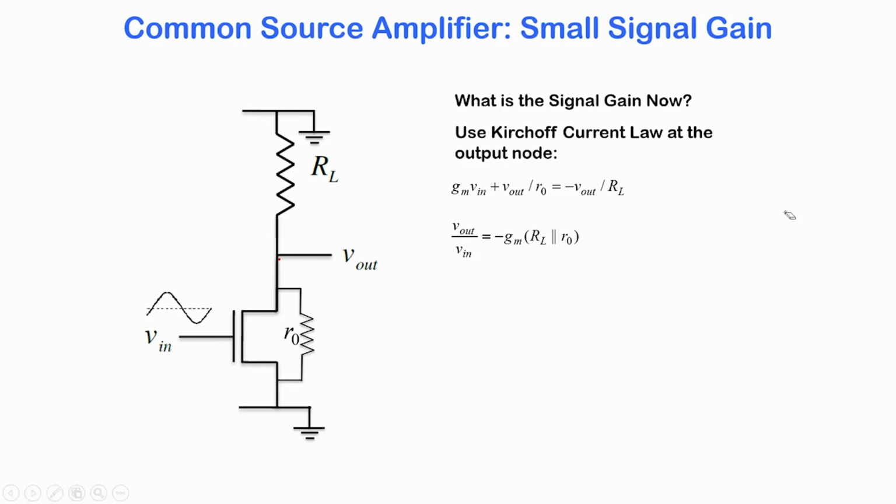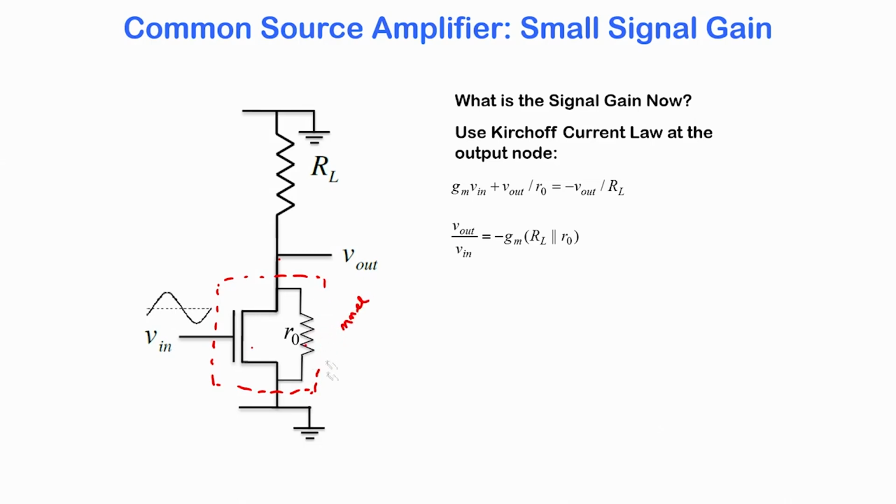So let us now consider using the non-ideal MOSFET in your amplifier. It is the exact same circuit as we discussed before, but the only difference is we now have a non-ideal MOSFET, which is essentially the combination of this ideal MOSFET and this channel length modulation resistor.